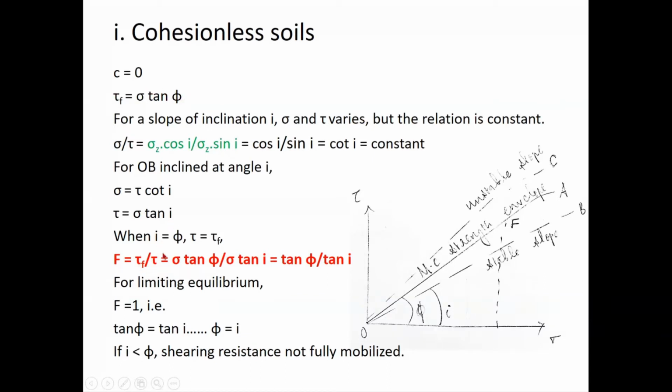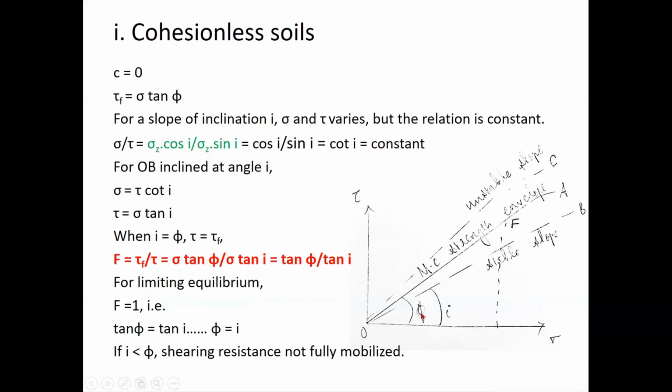And tau along that line will be sigma tan I. So basically my factor of safety equation will become equal to tan phi by tan I, isn't it? So a factor of safety of 1 means tan I is equal to tan phi, which is I equal to phi. And for any I less than phi, my shearing resistance is not fully mobilized and my slope will always be stable.